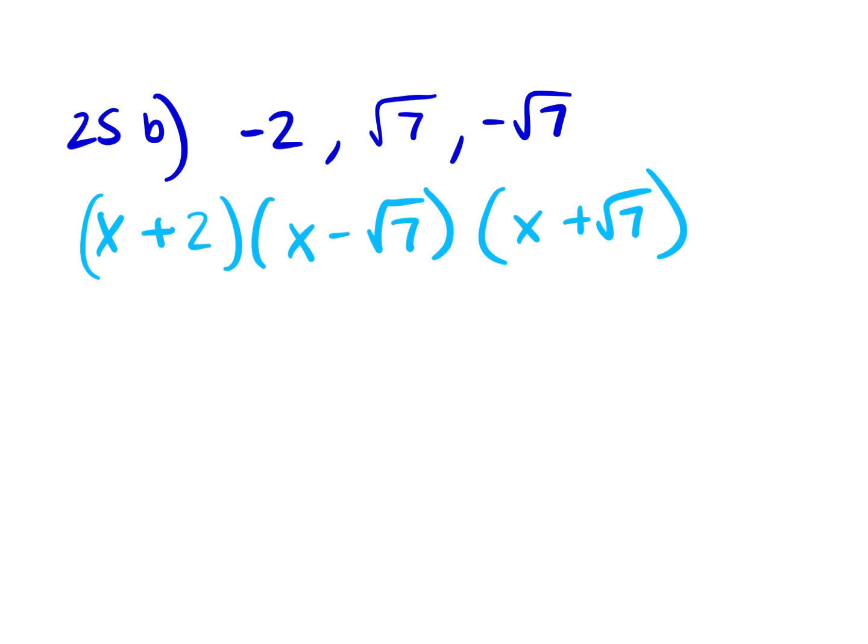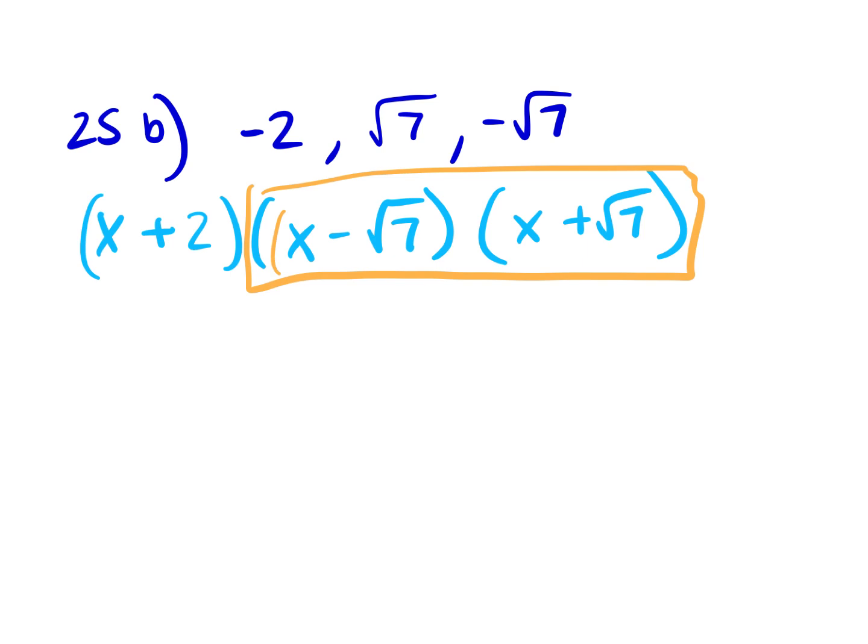Now, which two would I have to multiply out first? Second two. So you want to multiply these two out because they're conjugates, so we could FOIL or we could do the shortcut. So the shortcut is our first term squared minus the second term squared. It's always, always, always minus in the middle. So it'd be x squared minus square root 7 squared.